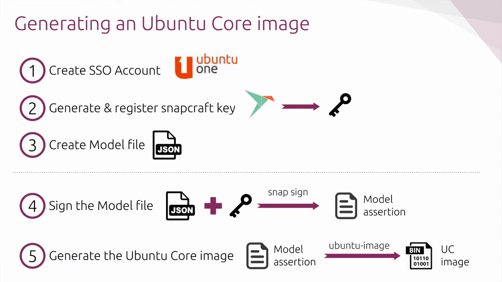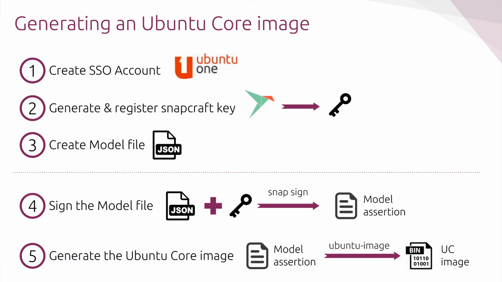So first of all, we start by creating an SSO account needed for creating and registering a key. That key is used to sign a model file, which is a JSON file that includes all the information needed to generate the Ubuntu Core image. And that is done with the command snap sign. The resulting signed file is called a model assertion, which is also a text file including a key and the rest of the information from the JSON model file.